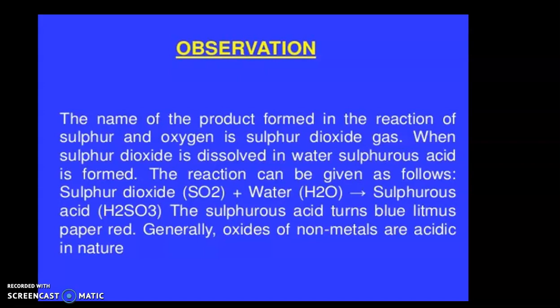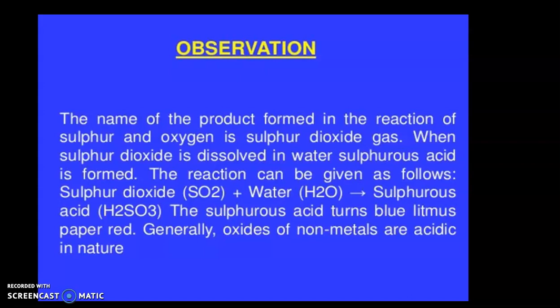When you burn sulfur in the presence of oxygen, it produces sulfur dioxide gas. When the sulfur dioxide gas inside the glass tumbler dissolves in the water, it forms sulfurous acid. This is the reaction which is given here.